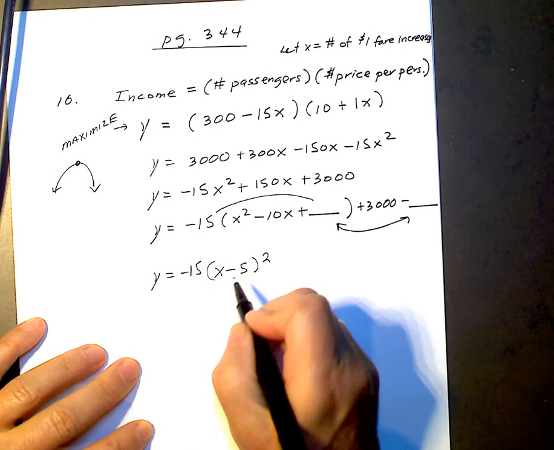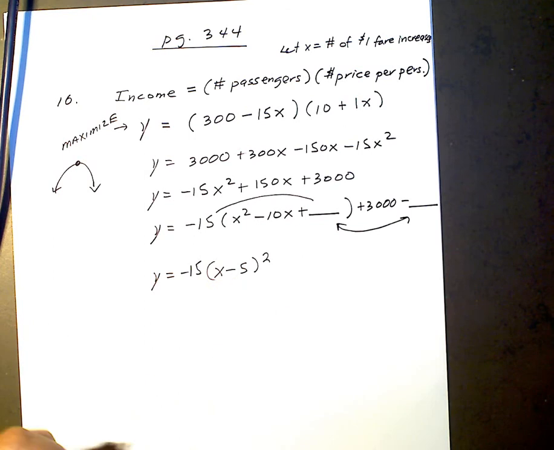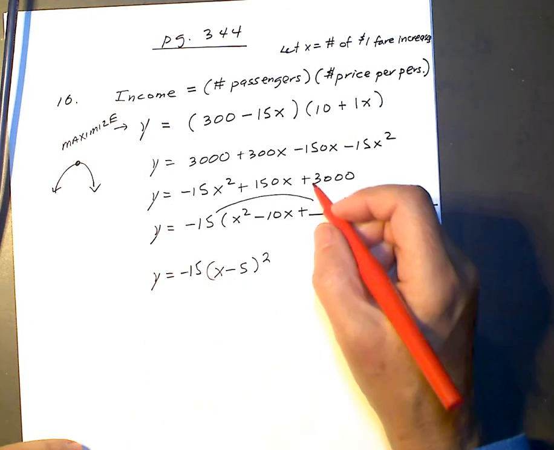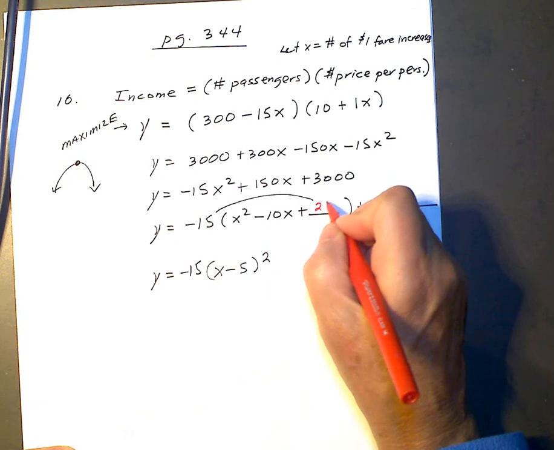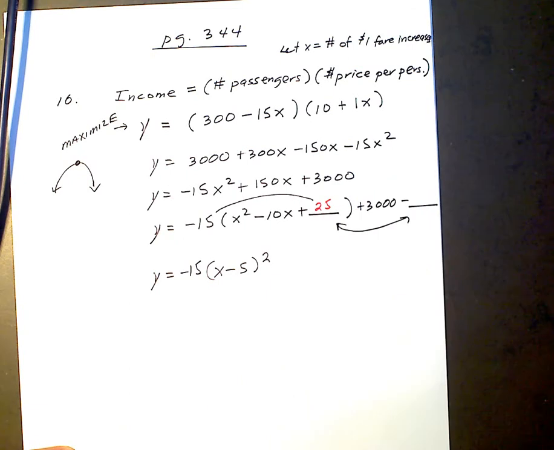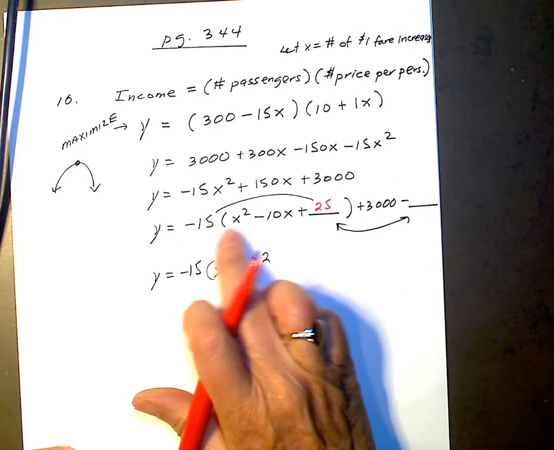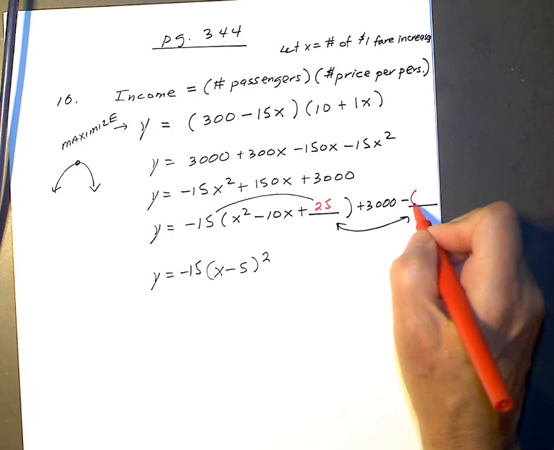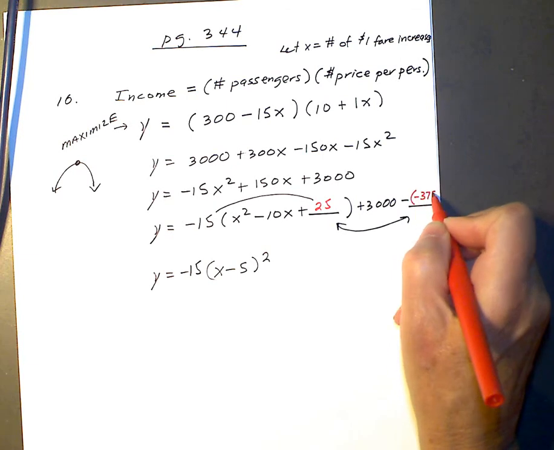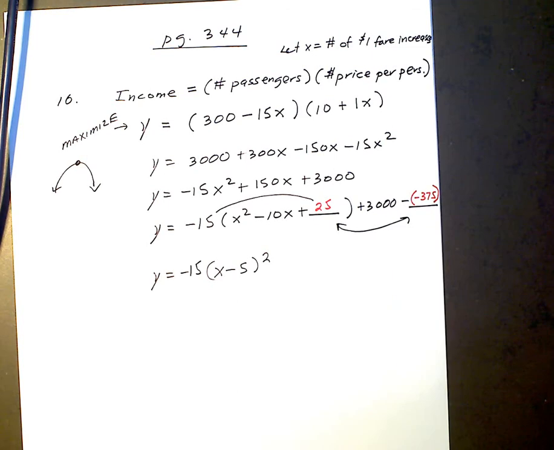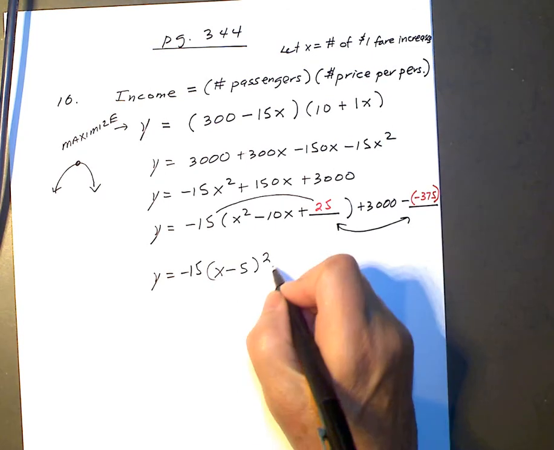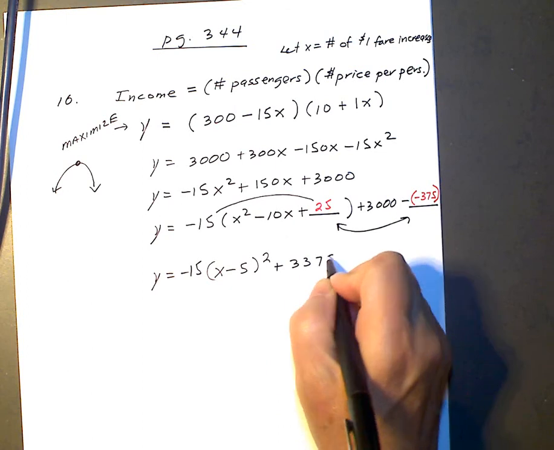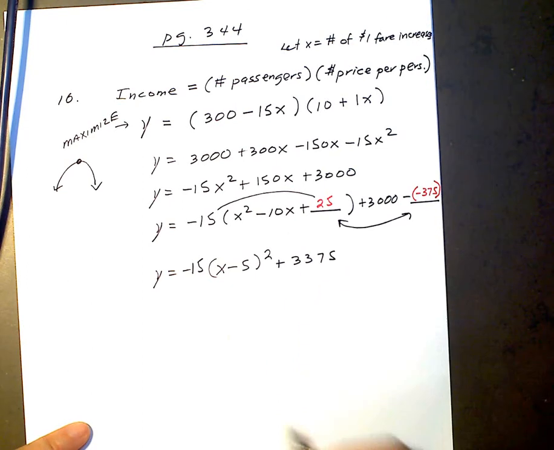So when I square negative 5, I get 25. So what I'm really adding on here is negative 15 times 25, which is negative 375. So I want to subtract a negative 375, which is basically adding 375. So I get 3,375.